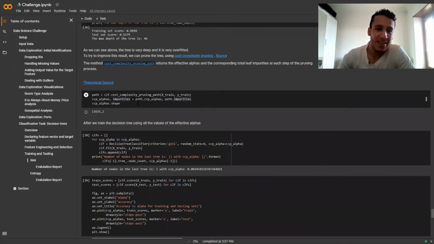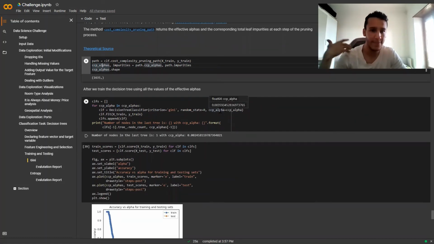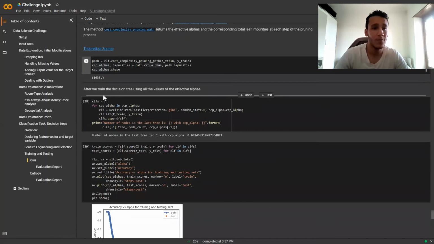We just get here our CC alphas, the effective alpha values, and we are going to pass as input to the decision tree classifier all these numbers. We have 1,635 values for alpha, and we're going to pass them all.